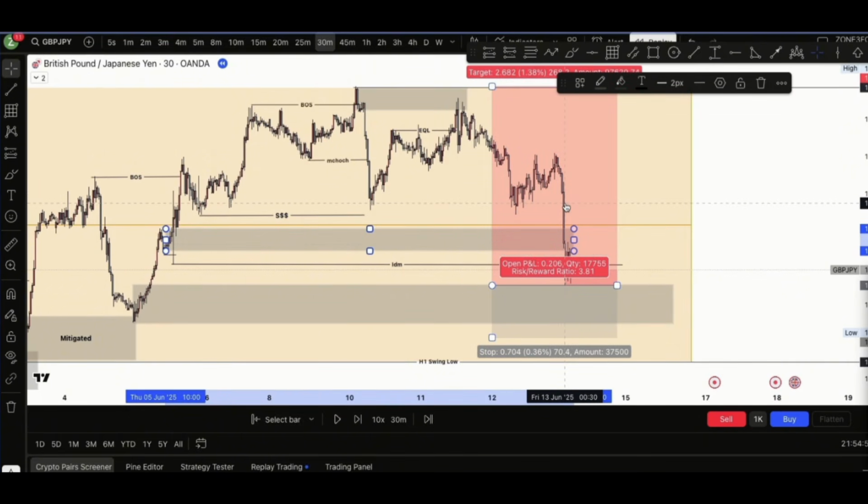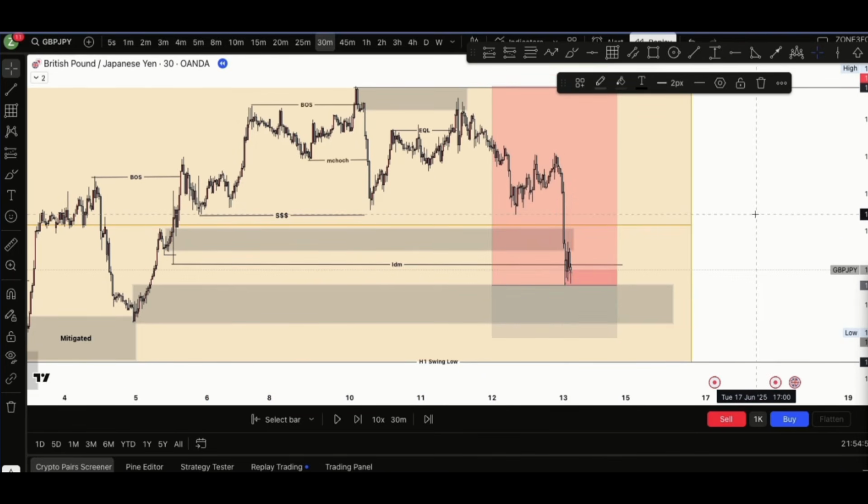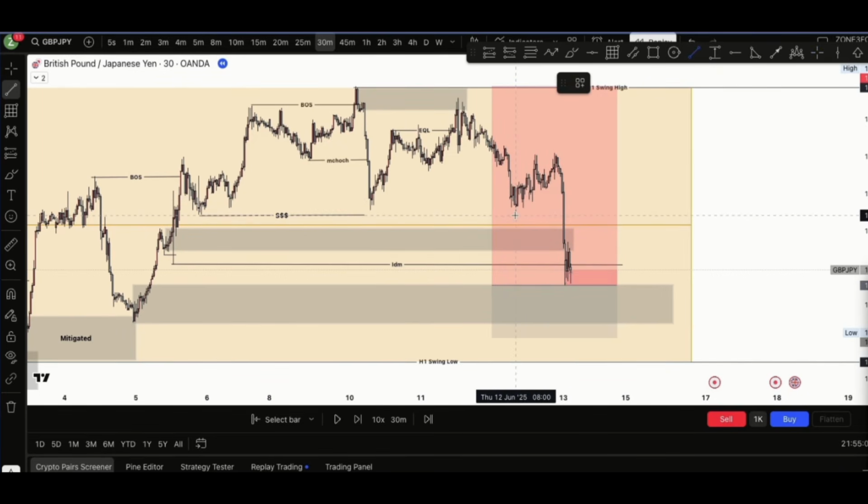Let me see, is this NFP? Good, that was NFP. I know I caught NFP too. How did I catch NFP? I use what we call chart patterns. If you trade chart patterns, you also know this chart pattern. This is a rising wedge.